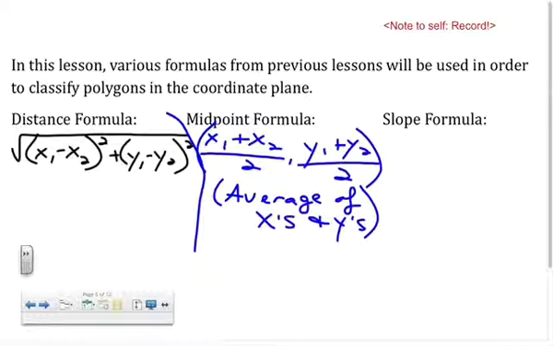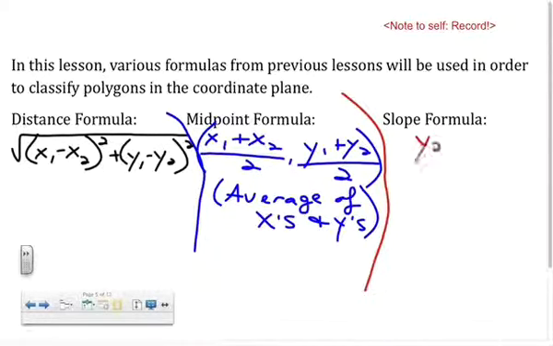Okay, so if the formula looks really weird to you, but you get the idea of how to find the average of two numbers pretty easily, then don't let yourself get overwhelmed with the formula. Just think, let me find what's in the middle of these x's, let me find what's in the middle of these y's. That's it. Finally, the last formula that this lesson uses is the slope formula.